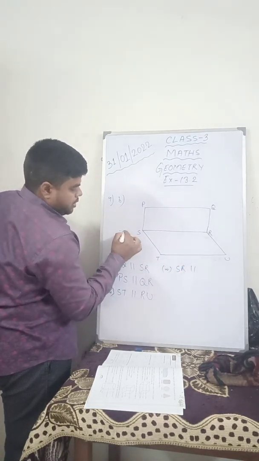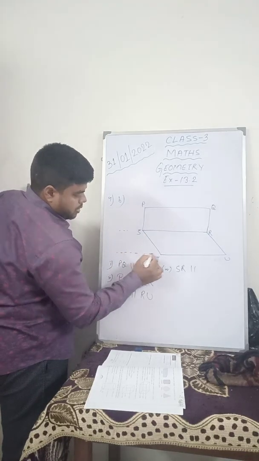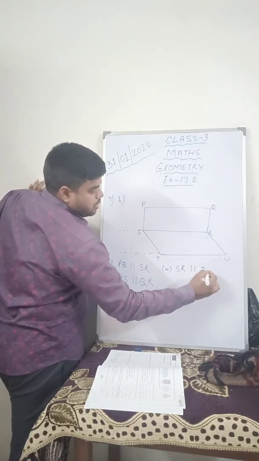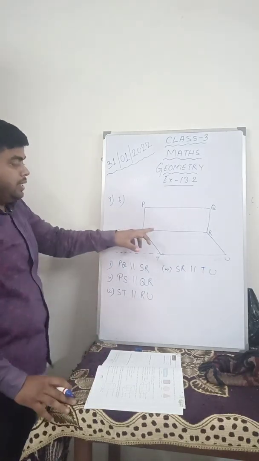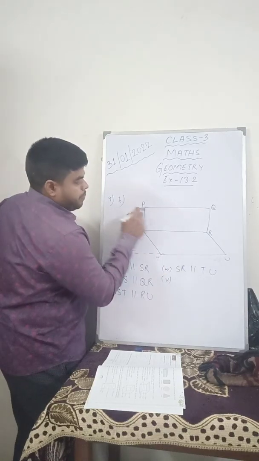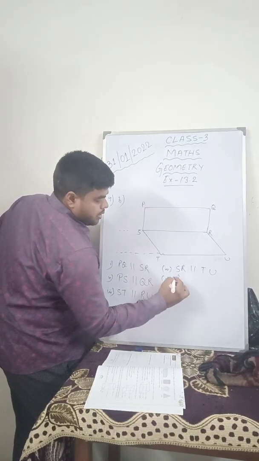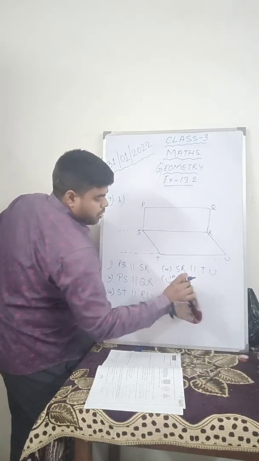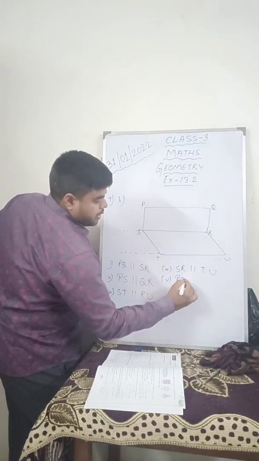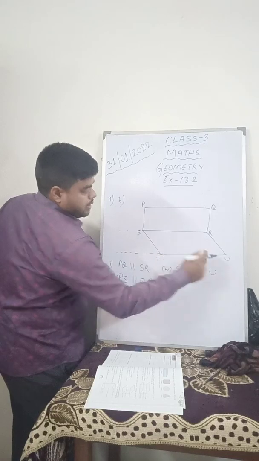If you stretch further, they will not meet. That means they are parallel. So SR is parallel to TU. If these two lines are parallel, automatically PQ is parallel to TU.